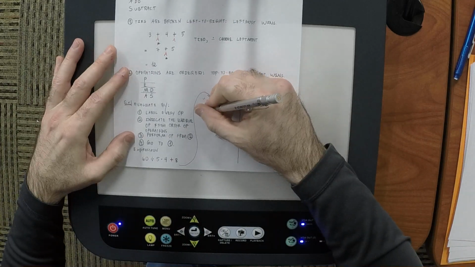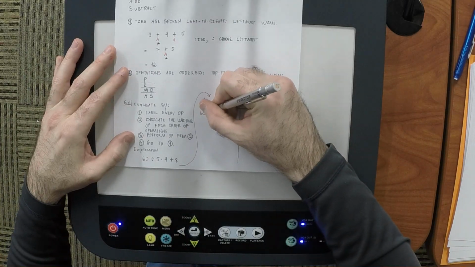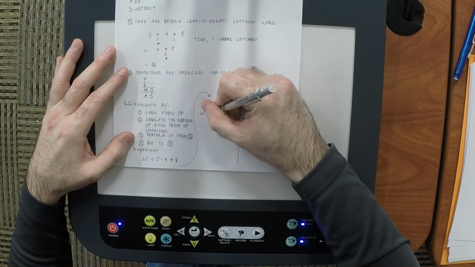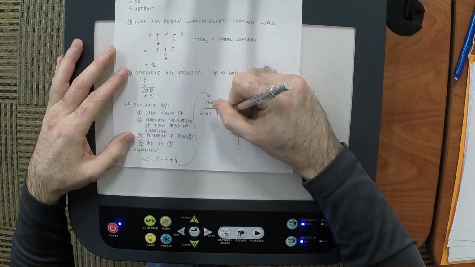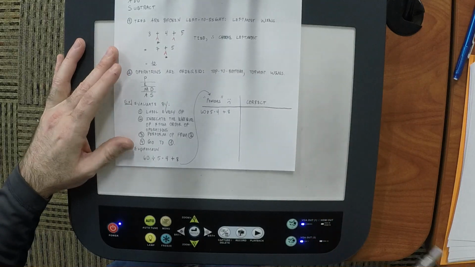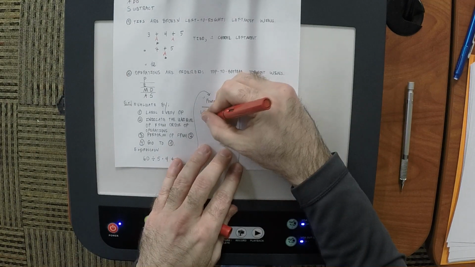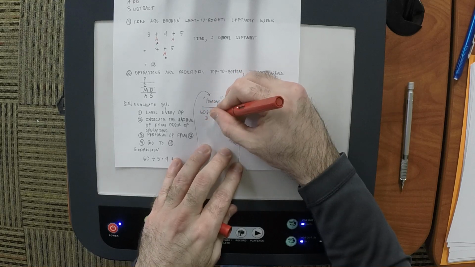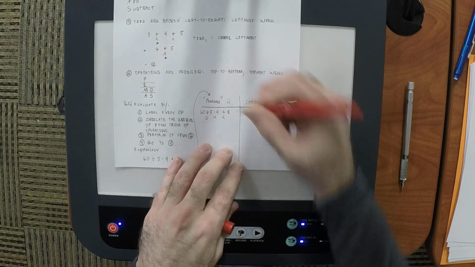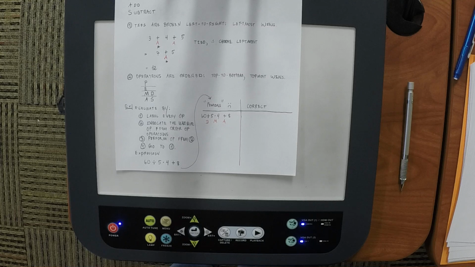So we have 60 divide by 5, multiply 4, add 8. So the instructions are explicit. It says label every one. So D, M, A. Is there any question about why that's the case? There's 3 operations: divide, multiply, add.